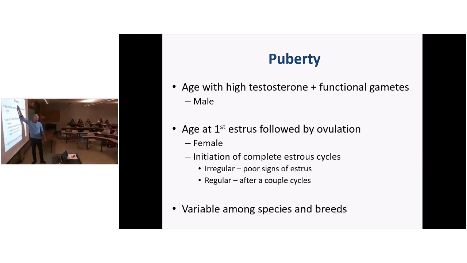Puberty also has, and I put it like a special thing on puberty because puberty tends to be something of very high value in commercial systems. Why? If you reach puberty earlier, it means that you can reproduce faster into the system.